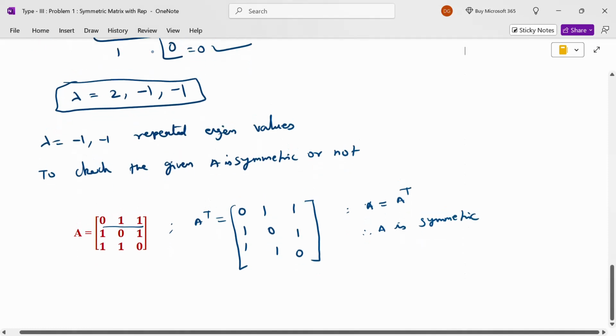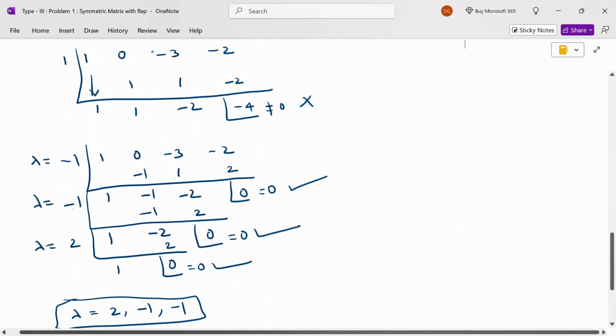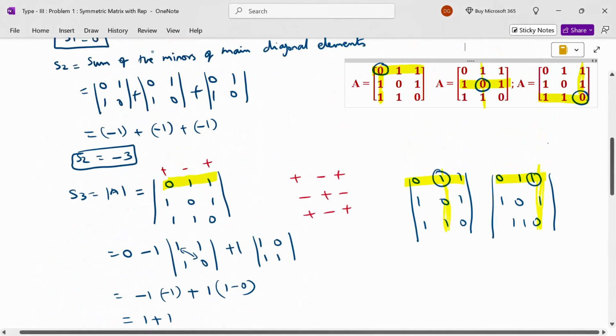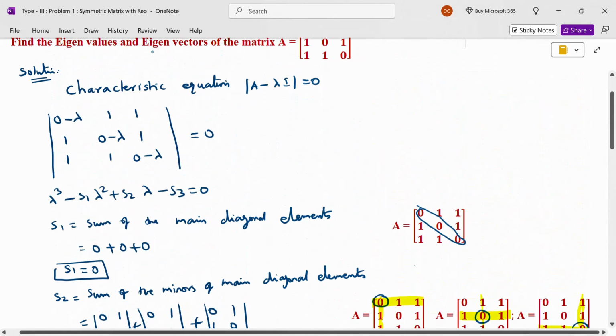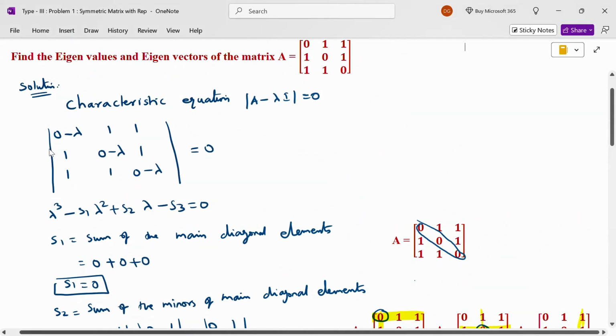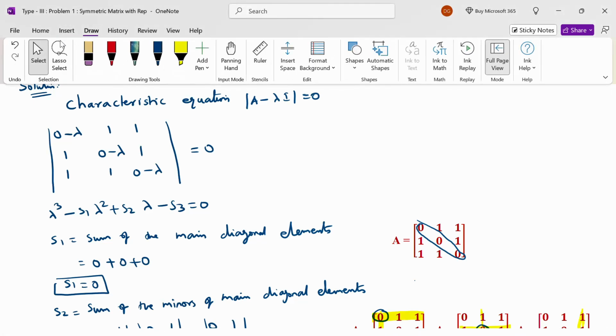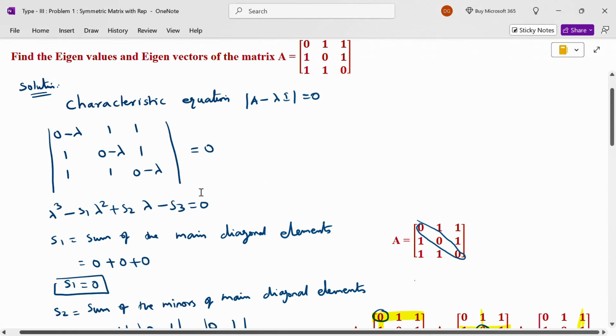Now to find the eigenvector. So now I checked here, the given matrix is a symmetric matrix with repeated eigenvalues. Now you write the eigenvector form.